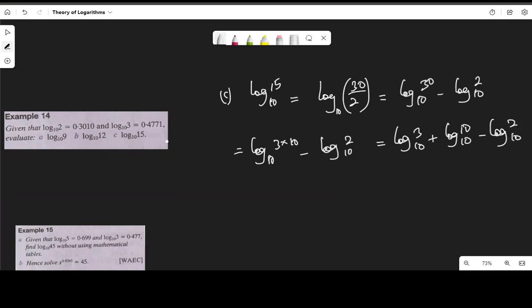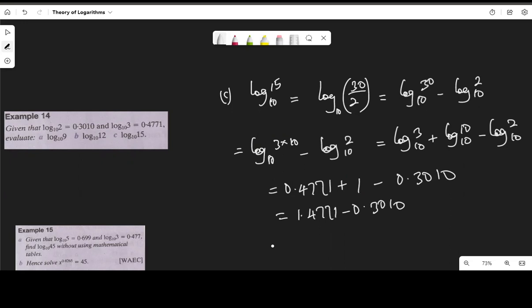Log 3 to base 10 is right here, 0.4771, plus log 10 to base 10 is 1, minus log 2 to base 10 is 0.3010. 1 plus this is 1.4771 minus 0.3010.